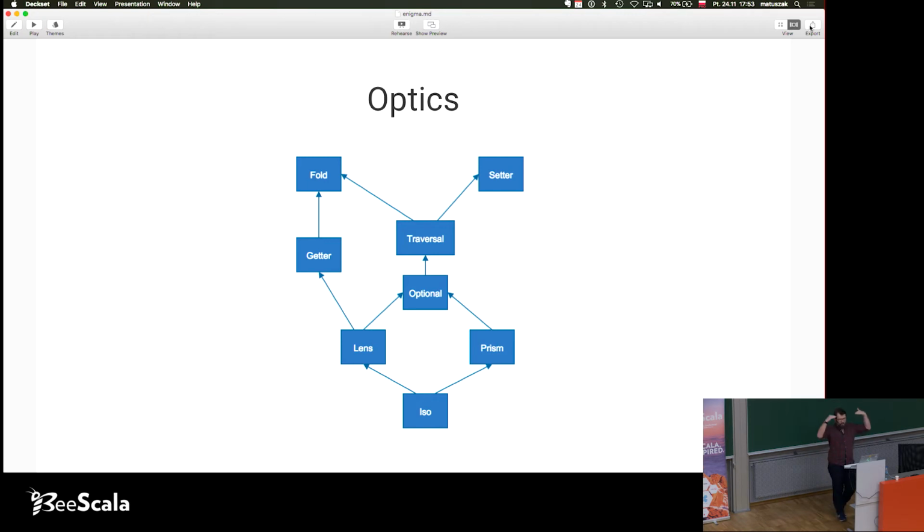If we go up in the hierarchy, you will have some of the properties weakened. So for example, a Prism allows an undefined state, and if you combine Prism and Lens, then you can have an update which may fail.